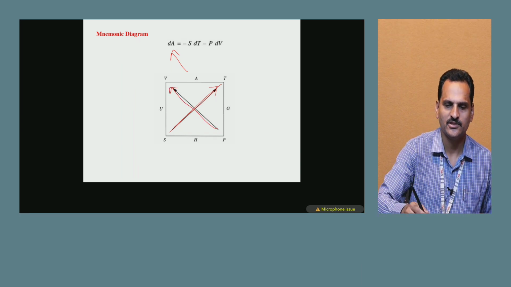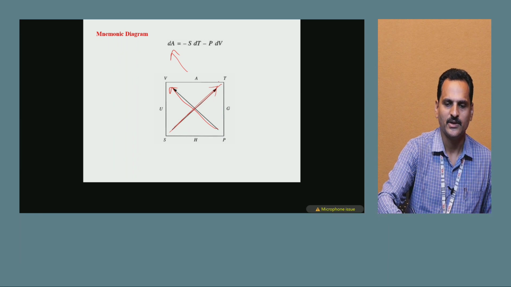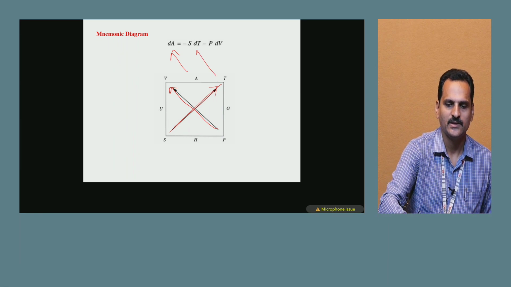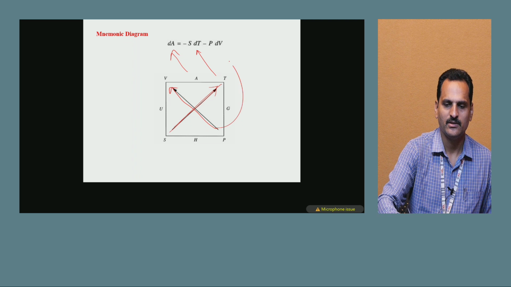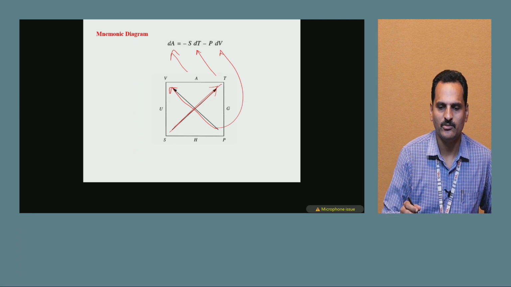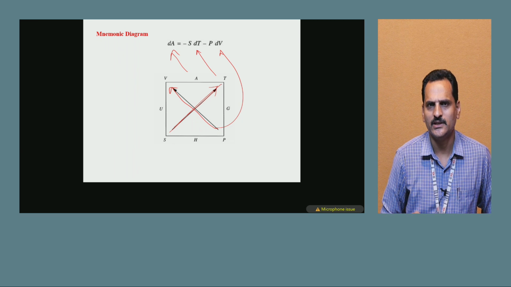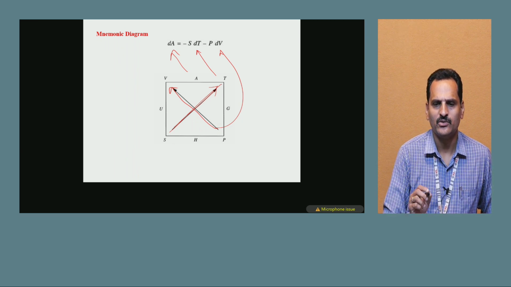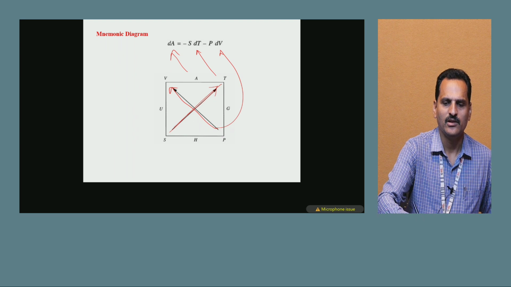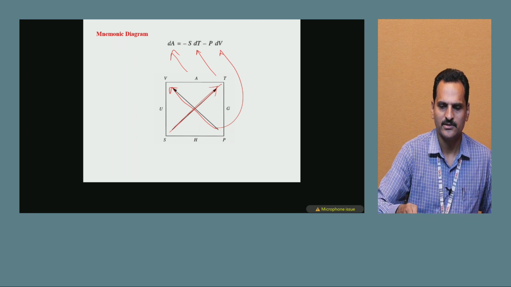Okay, this is what we can get, minus SdT and P into dV. Why are both negative signs there? The negative signs represent the diagonal arrow pointing towards the volume and temperature.